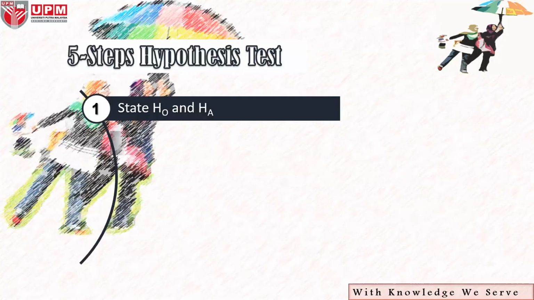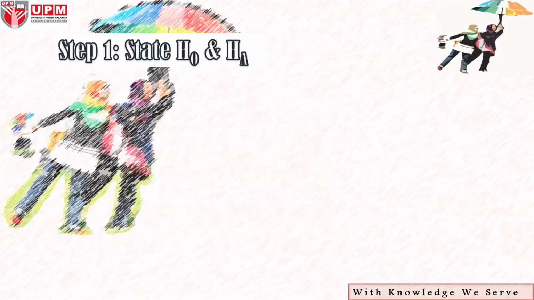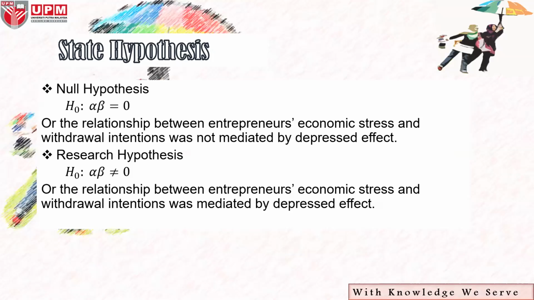Okay. First, ni step sama. Okay, state H0 and HA, extract significant F ni tak apa, sama. Okay, first we state the research and null hypothesis. For example, there is an insignificant mediating effect of the mediator in the relationship between X and Y. And then our research hypothesis, there is a significant mediating effect of the mediator in the relationship. So ini contoh.